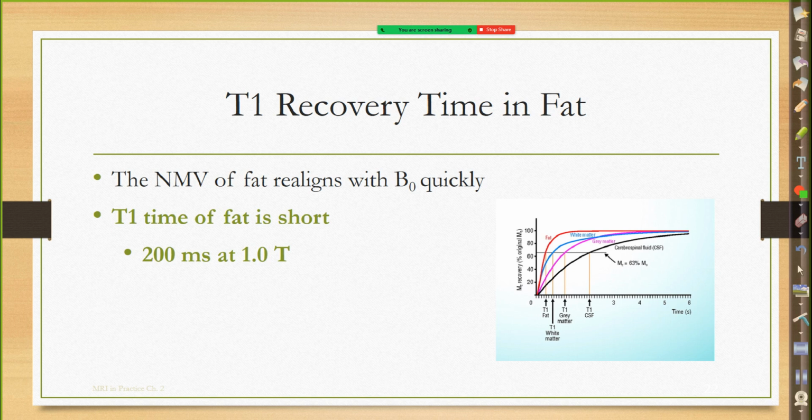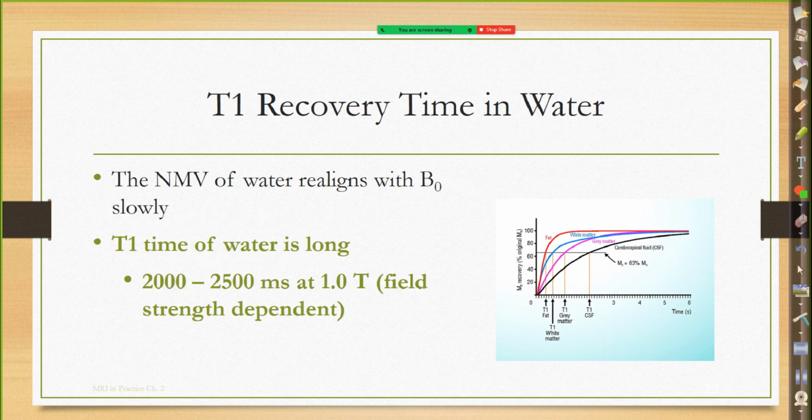When we're talking about 1 Tesla magnets, it only takes 200 milliseconds for fat to fully recover, to hit that 63% threshold. Okay? 200 milliseconds at 1 Tesla. Very fast. But water takes a lot longer to recover up to 63%, and you can see that with the black line right here.